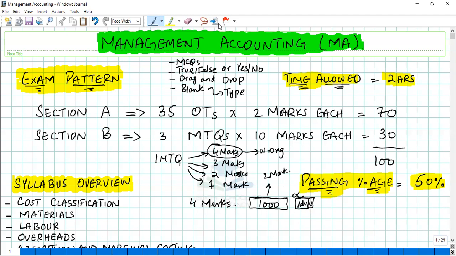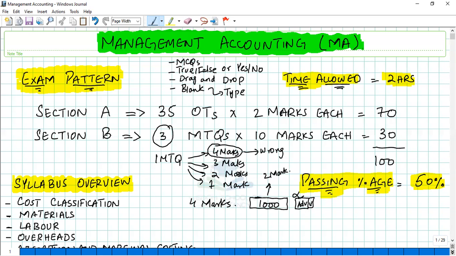Now, the F2 examiner has already told the students the areas from where he will be testing your 3 multitask questions. So before you start the preparation of management accounting, you know that these will be the areas from which section B will be tested.